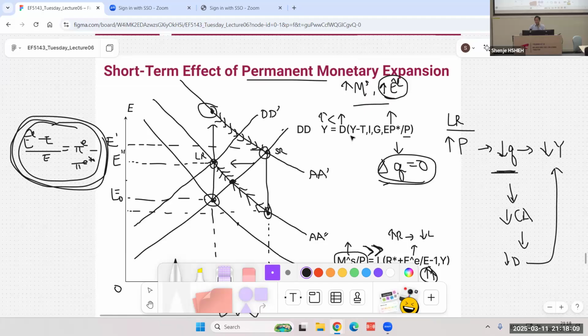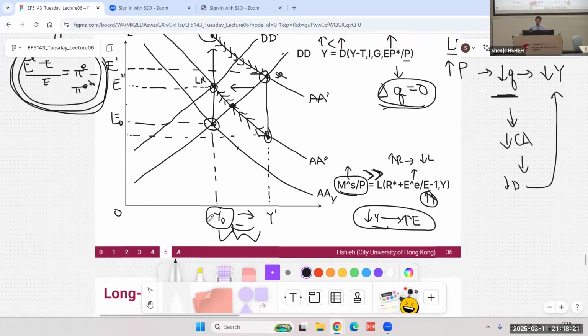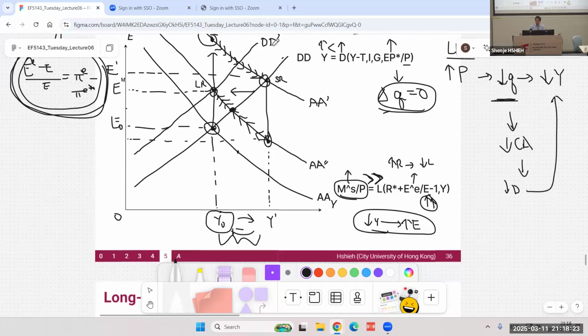If there's a change in P, E has to evolve the same way. So that's precisely when what? Change in Q is zero, right? No change in Q. And when there's no change in Q, there's no output change. So we're back at Y naught. And that's precisely where the DD prime intersects with the AA double prime at Y naught here. No output change. We're back at Y naught.